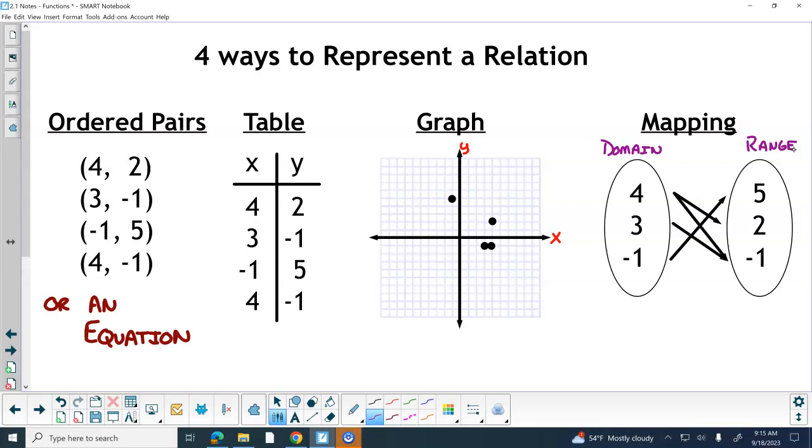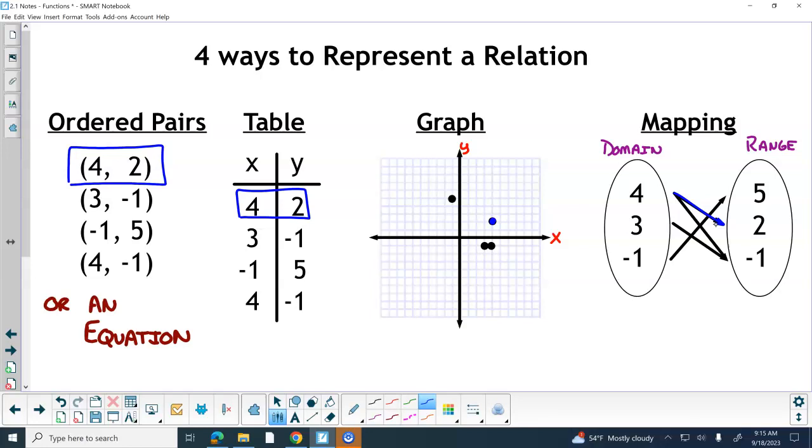So the point (4, 2), this point is an ordered pair. In the table, it's there. On a graph, it's there. And in a map, it's right there. So that's 4 different ways of representing the same thing. Now, a map is limited.